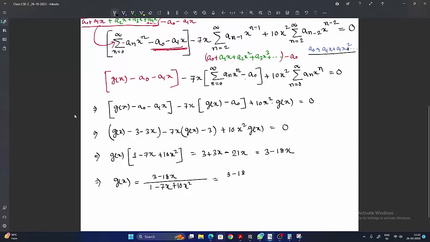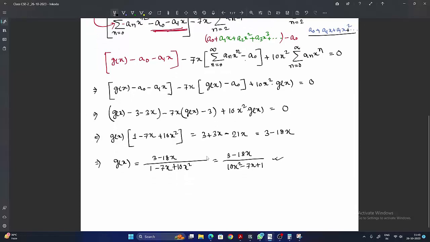You can take that 3 common, but it will be also okay. 10x squared minus 7 of x plus 1. Okay, that is the function. Now the problem is we have the function, but we have to build the sequence from there. So that's why you need to partially factorize this. Now we need the partial fraction method.